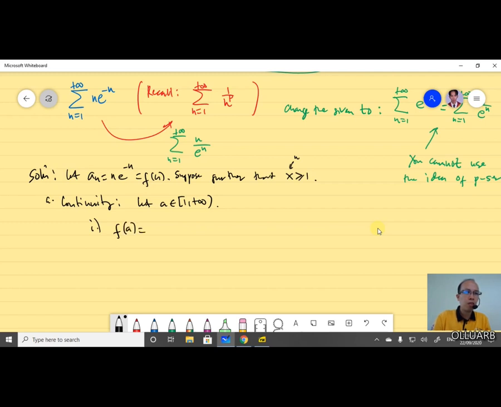So what is f of a? As you can see here, we have a e to the negative a. Second condition for continuity, we have the limit of f of x as x approaches a. Replacing with x, we have x e to the negative x as x approaches a.